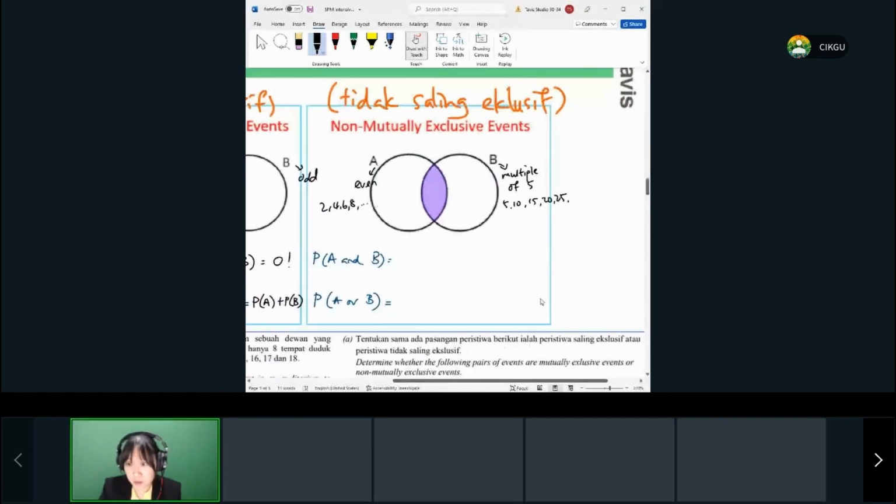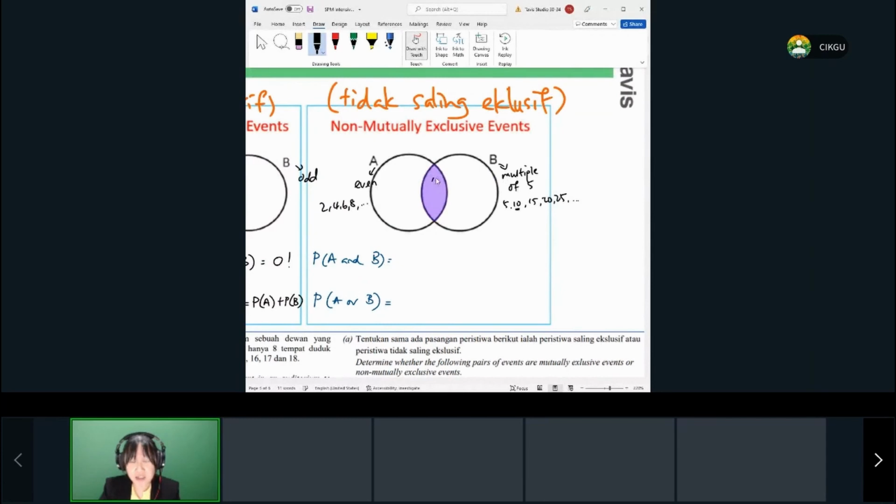As you can see, is it possible for me to select one number that is both even and a multiple of 5? Yes, 10. 10 is an even number, and it is also a multiple of 5.